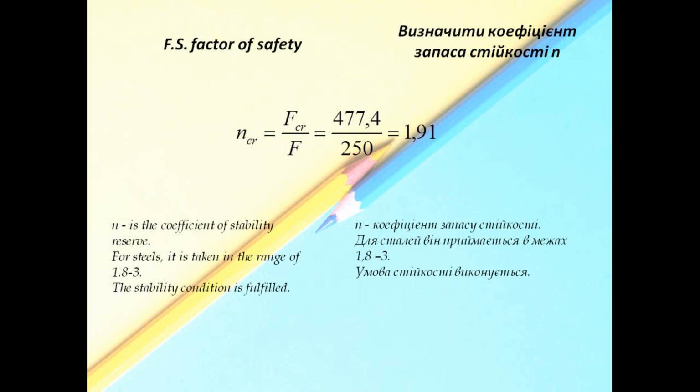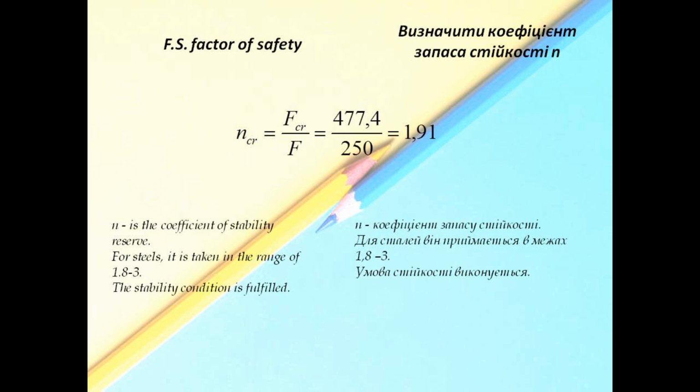For this, we must divide the critical load by the given load, and the result must range from 1.8 to 3. Our factor of safety is 1.9. That's why the stability condition is fulfilled.